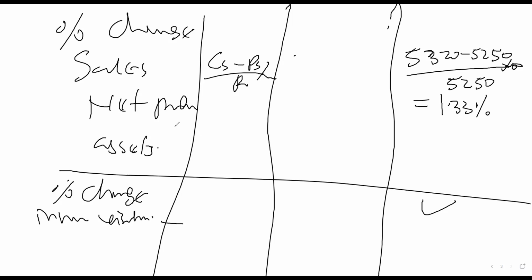Then do the same thing for net profit for me. So do the same for the net profit and asset for me.